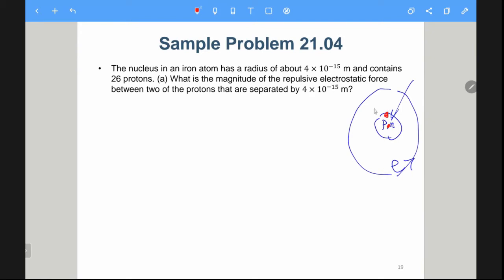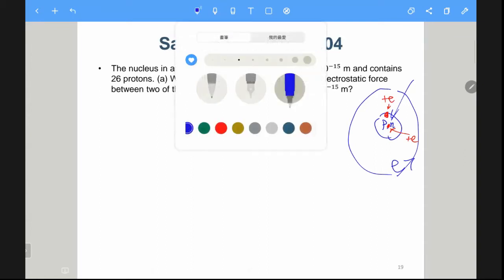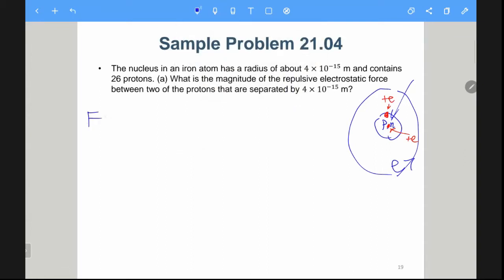Because it says the iron nucleus has a radius of about 4 times 10 to the minus 15, it asks you about the repulsive force between the two protons. Because both of them have positive e charges on them, there should be a Coulomb force repelling each other. So this is pretty easy. You just need to use Coulomb's law, F equals k times q1 q2 over r squared.